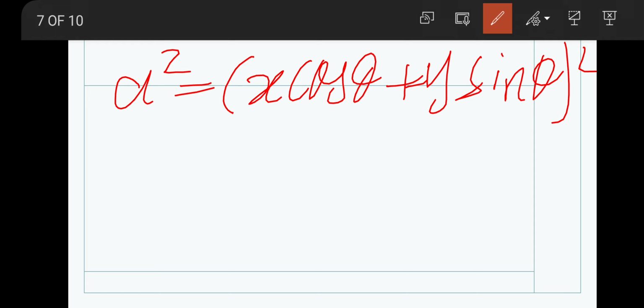Is it looking like a plus b whole square? What's the a plus b whole square formula? a square plus b square plus 2ab. So let's take this as a, this as b.